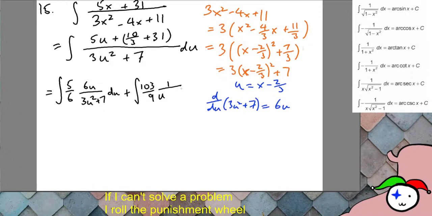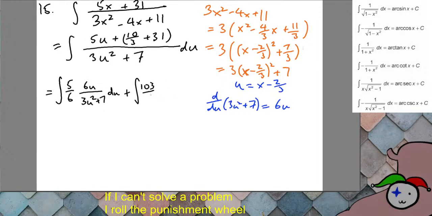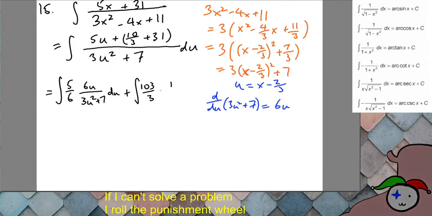Okay, yeah. So, my bad. 3/7. I guess the 7 would be here as well.